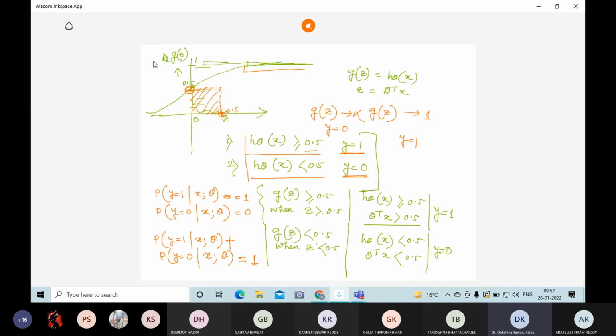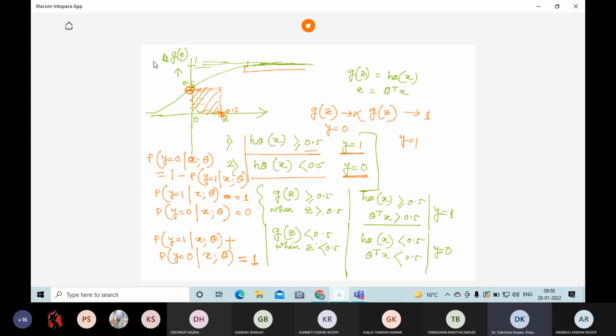Either way, if we try to find the class level when the probability is 0, we can rearrange this and write probability of y equals 0 given x parameterized by theta equals 1 minus probability of y equals 1 given x parameterized by model parameter theta. So in this way we can also represent the hypothesis.